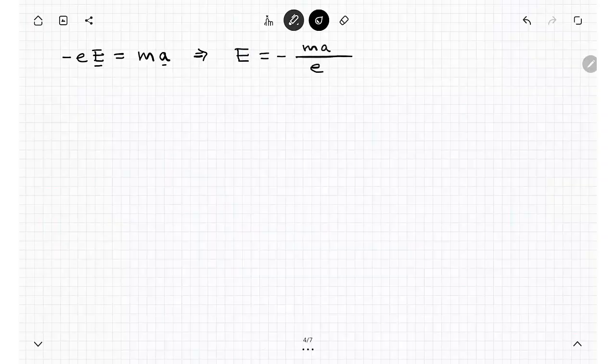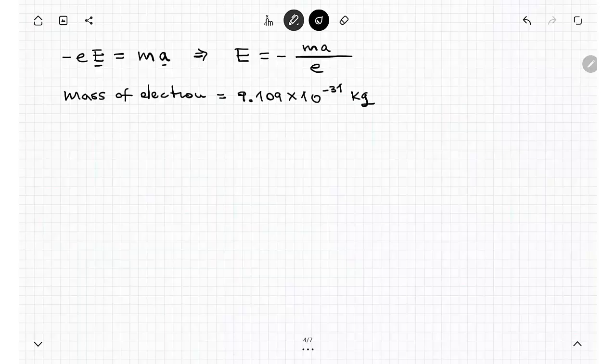The mass of the electron is equal to 9.109 times 10 to the minus 31st kilograms, and its charge is 1.602 times 10 to the minus 19 coulombs.